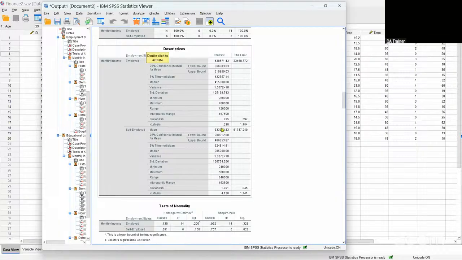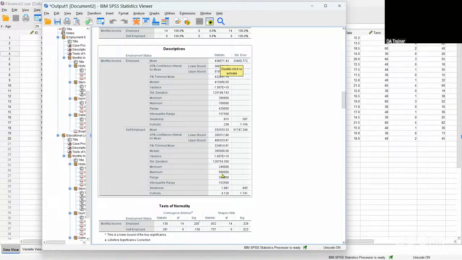For the self-employed, the mean of their income is 333,000, right? Compared to the mean, in fact, let's use the maximum so that you can understand. The employed people earn 700,000 naira a month, but the business people make 558,000 naira.